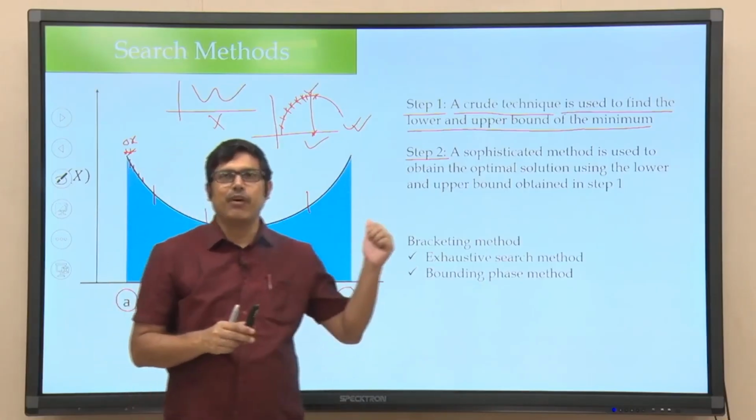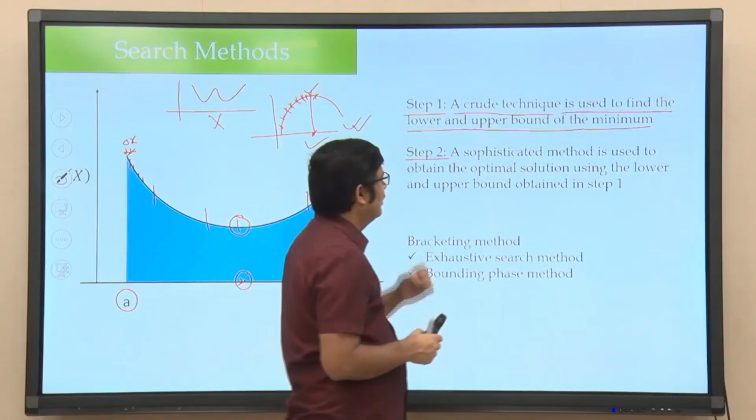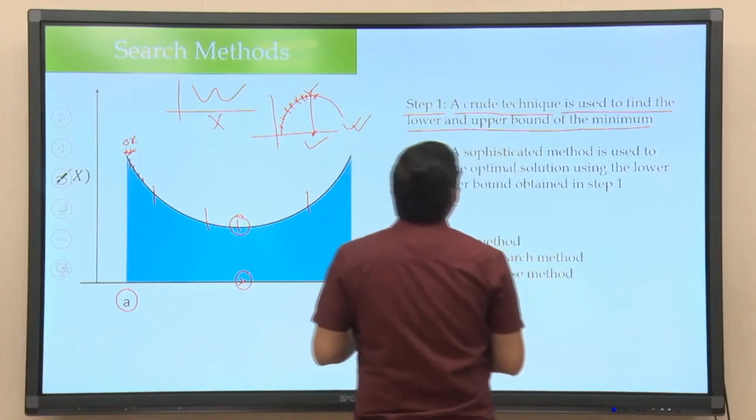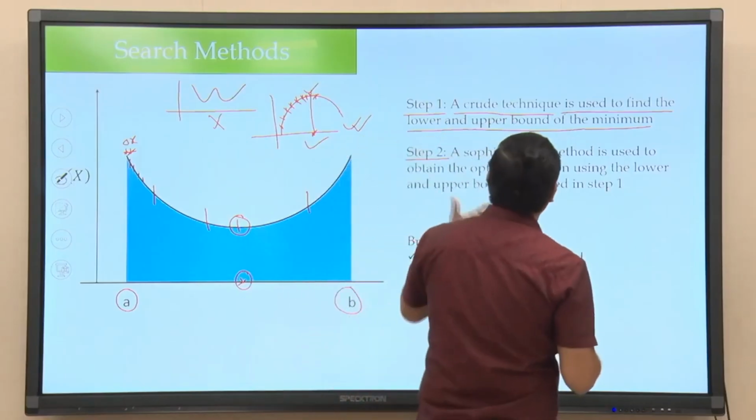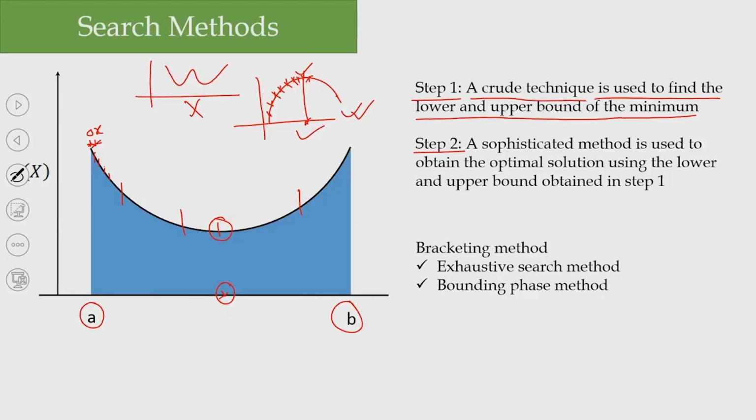That is the objective of step 1. In step 1, I am applying an algorithm that is not sophisticated, a crude technique, to find the lower and upper bounds of the minimum. Suppose here this is the optima. I would like to bracket the optima, that means find this lower bound and this upper bound, and then I can say that my optima is in this narrow region.